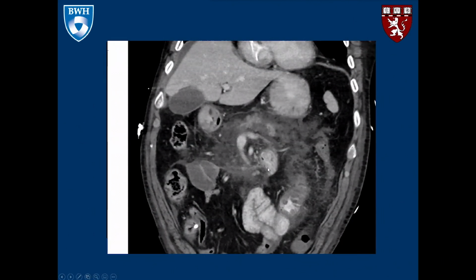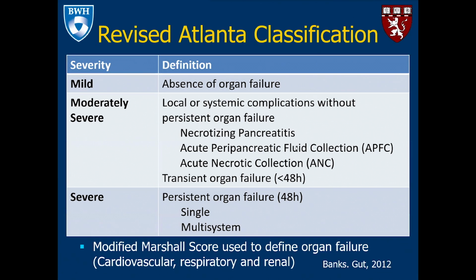So we see it's an enhancing CT, and part of the pancreas is non-enhancing, and there's a lot of inflammation surrounding the pancreas. So what is this? Based on the revised Atlanta classification, we will define the severity of pancreatitis as mild if there's no organ failure, as moderately severe if there are signs of local or systemic complication without persistent organ failure.